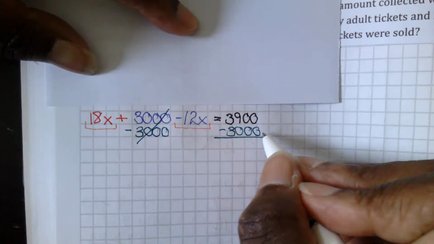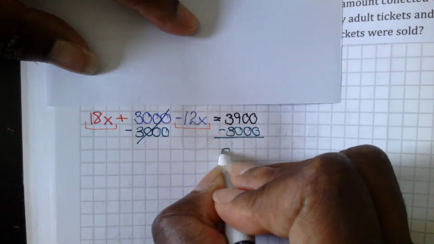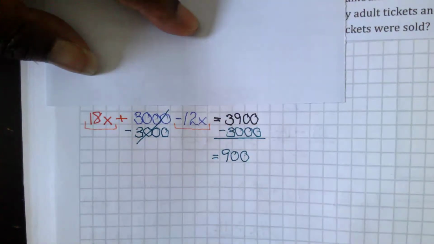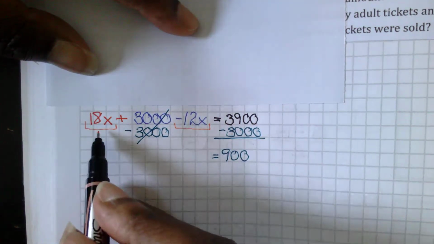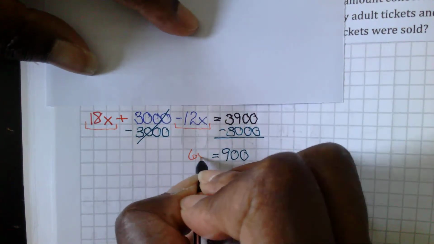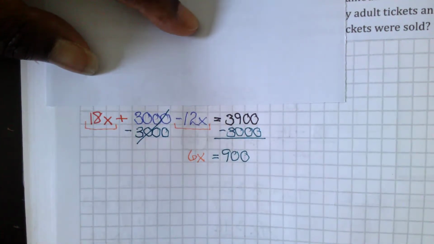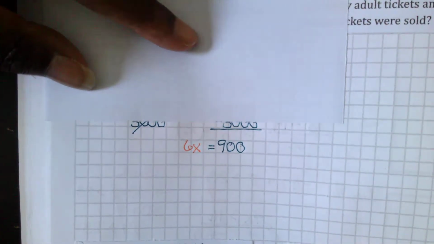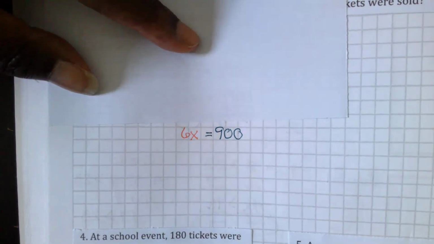So 3,900 minus 3,000 gives us 900. And 18x minus 12x gives us 6x. So once that's done, you have 6x equals 900.